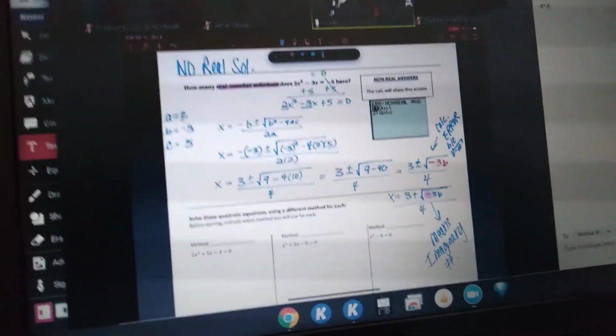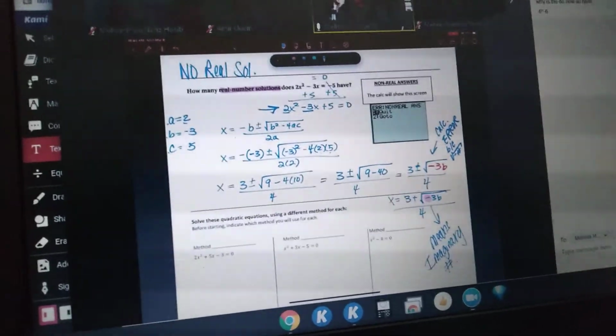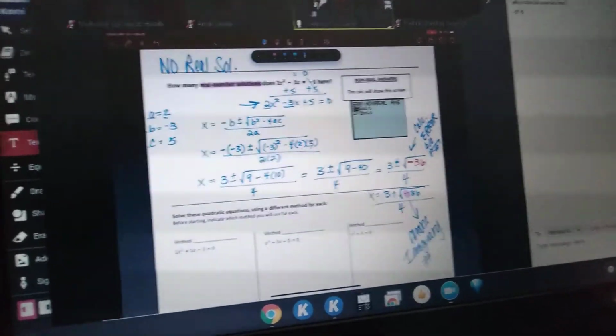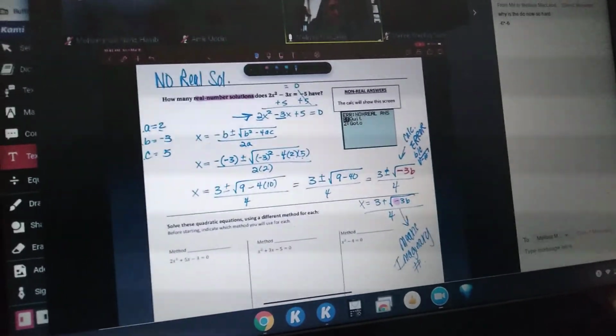Let me explain. I'm going to put this into my calculator. That's the trinomial we just tried to solve for x, right? 2x squared minus 3x plus 5. Watch what happens in my calculator. Y equals, let me clear this, 2x squared minus 3x plus 5. I hit the graph.